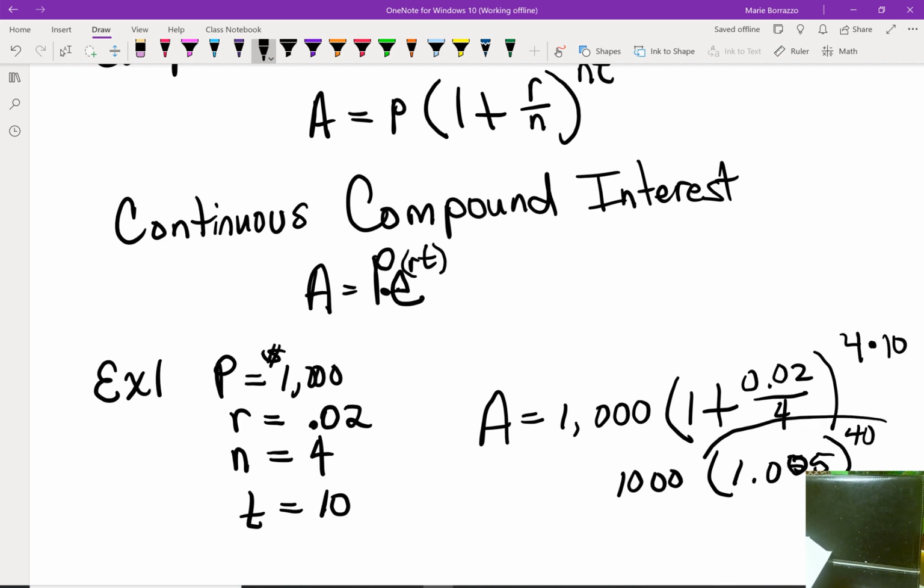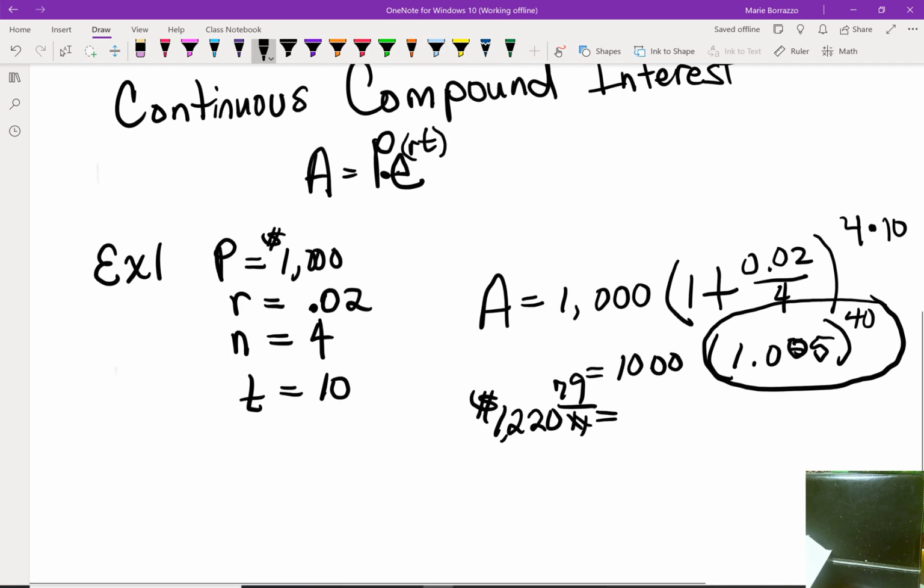Remember that order of operations dictates you do this first and then multiply times 1,000. That gives us our final answer of $1,220.79, which is how much we would have at the end of 10 years. All right, so that's example 1.